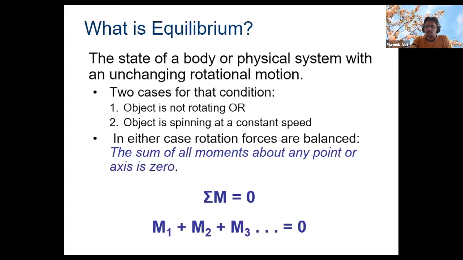Negative. Use your right hand. Oh, negative, my bad. That makes sense? Because pretend this paper's down, but it's clockwise. Clockwise is negative. All right. B, is that positive or negative? Positive.